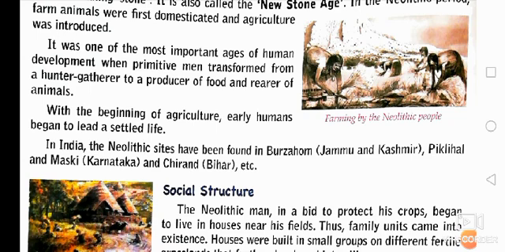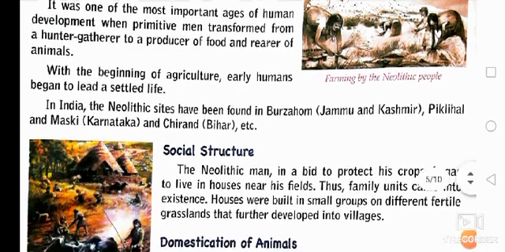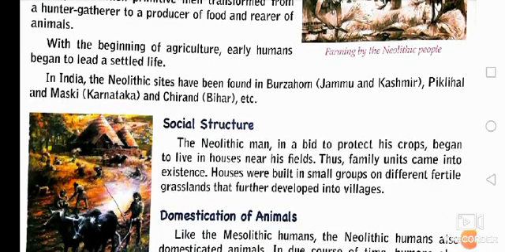With the beginning of agriculture, early humans began to lead a settled life. In India, the Neolithic sites have been found in Burzahom, Jammu and Kashmir, Piklihal and Maski, Karnataka, and Chirand, Bihar, etc.